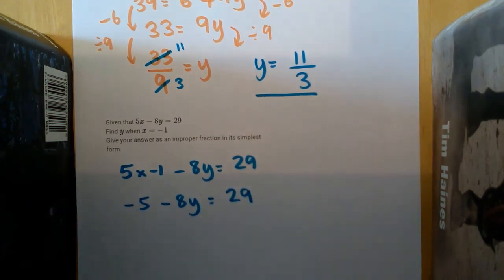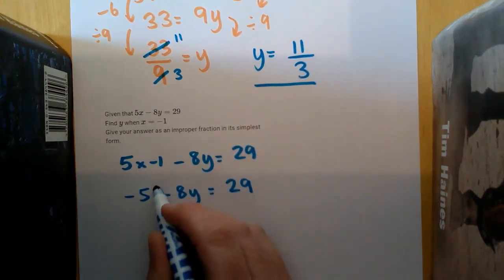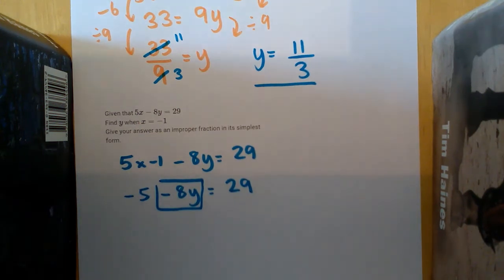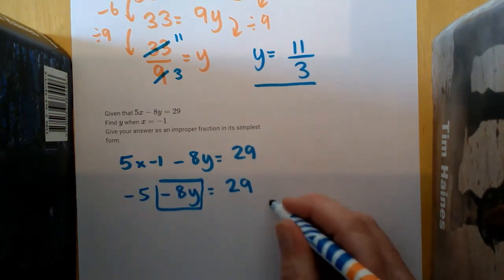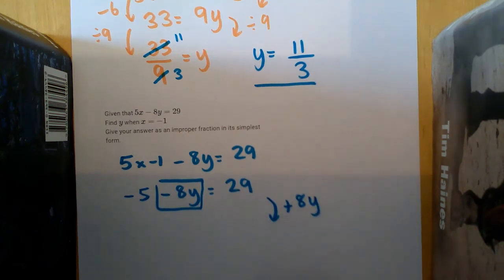Okay, now we're trying to get y on its own, and the problem at the minute is y is negative. So to make sure that we end up with a positive answer for y, what I'm going to do is add 8y to this equation.